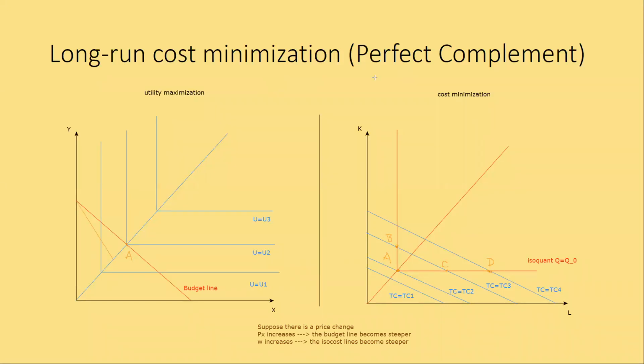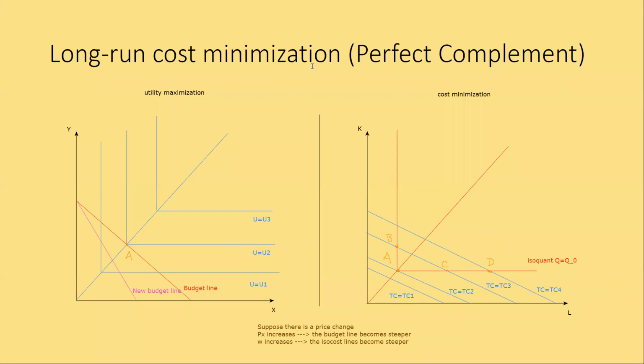So now when Px increases, this is our new budget line. It's going to rotate inwards because the price of x becomes higher. You can afford less total amount of x even if you spend all your income on good x, right?